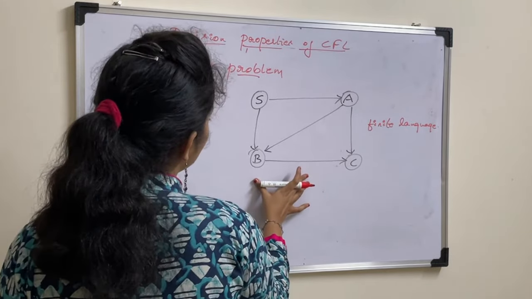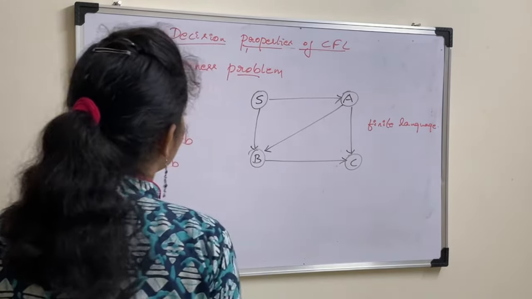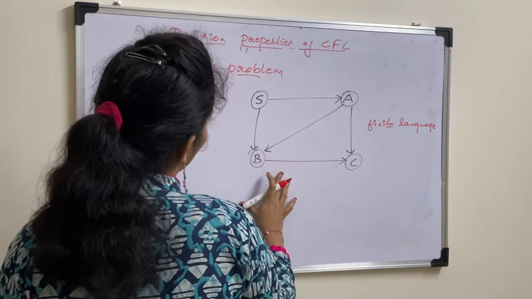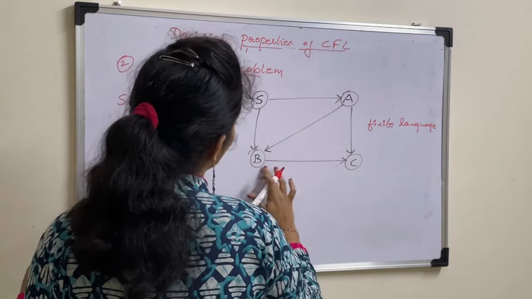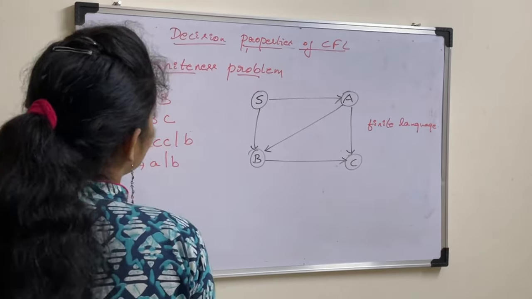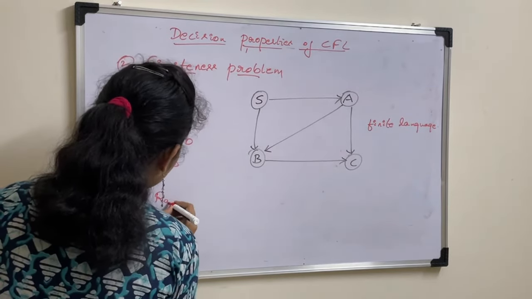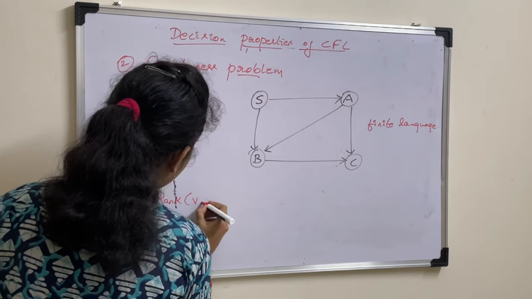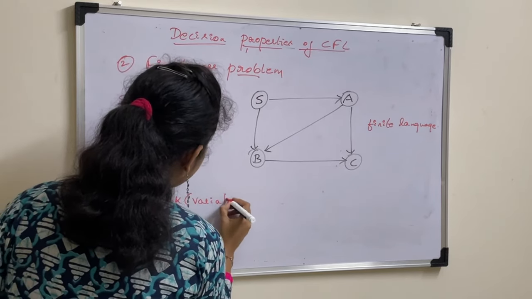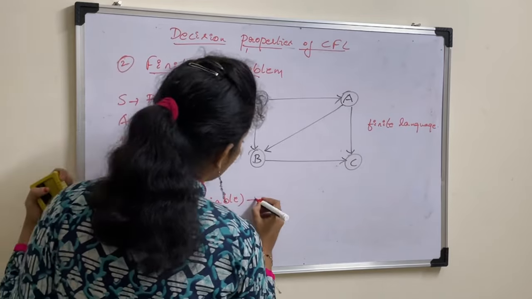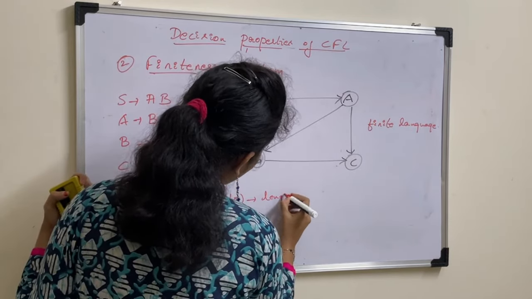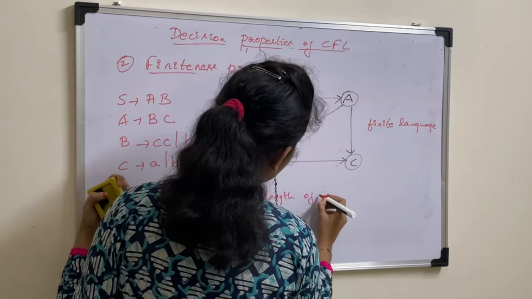If a grammar generates a finite language, then we can find the rank for every node or every variable in the graph. So how to find the rank? The rank of a variable is defined as the length of the longest path from that variable.